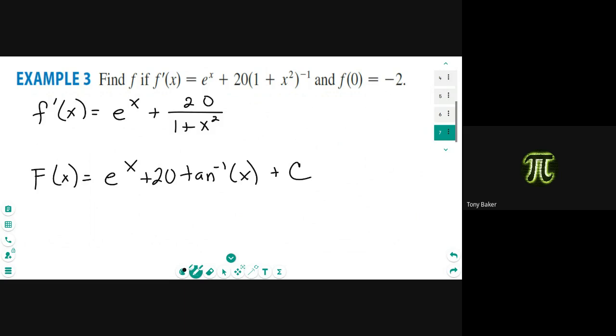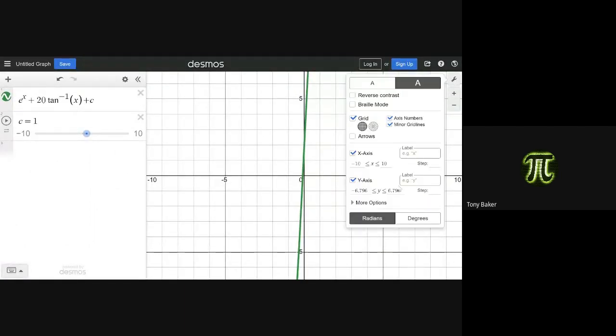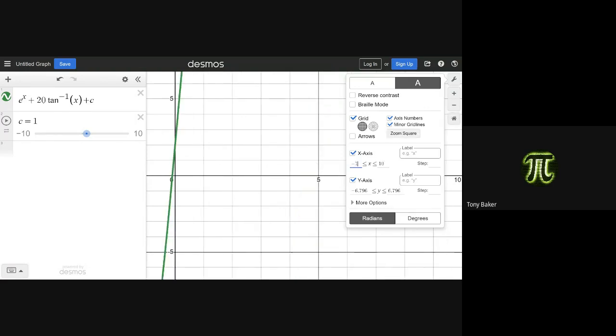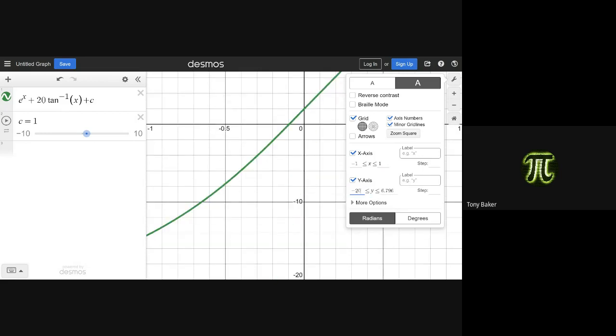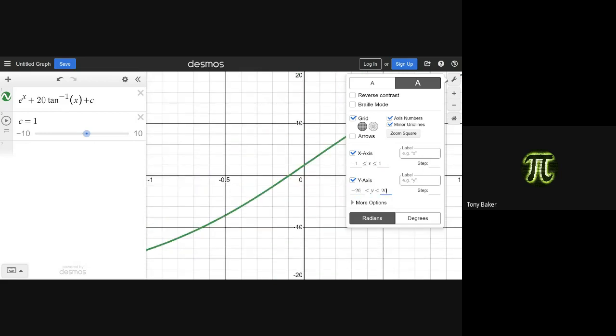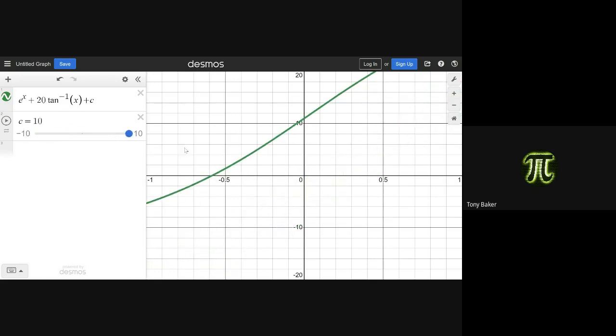All right, so this is this function. However, C can be anything. So it can shift up and down for any of those values.